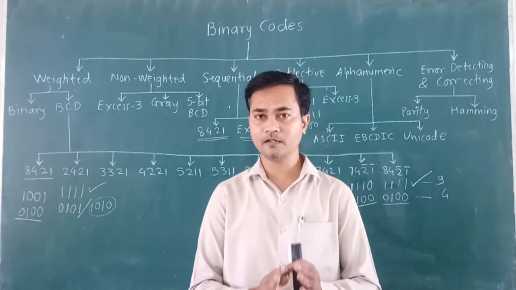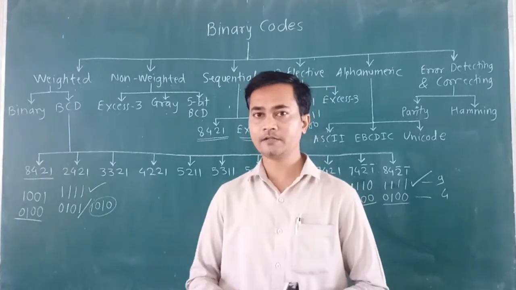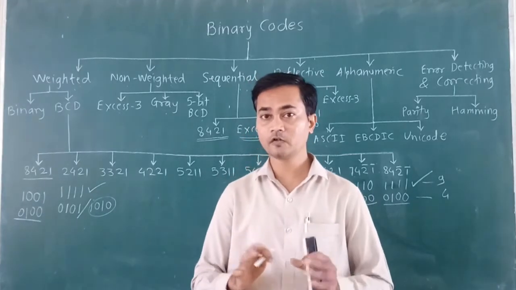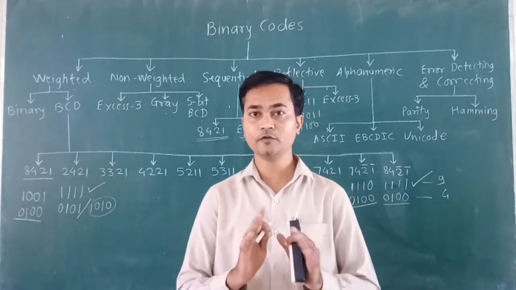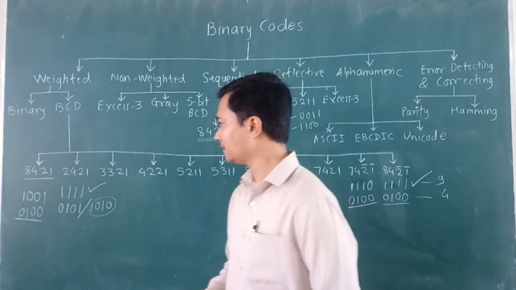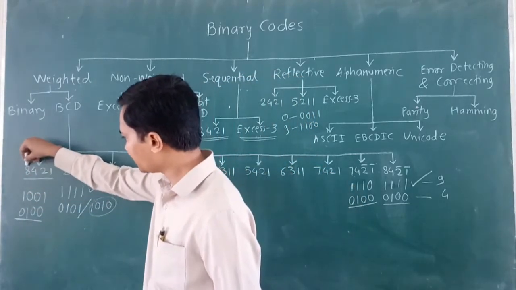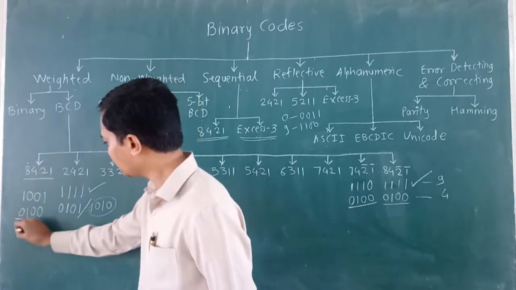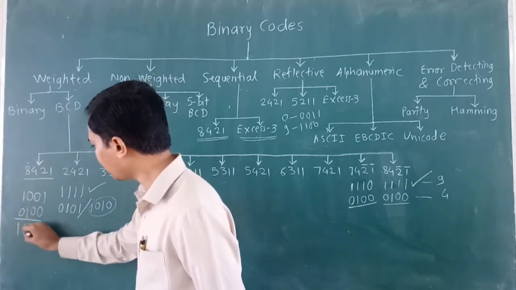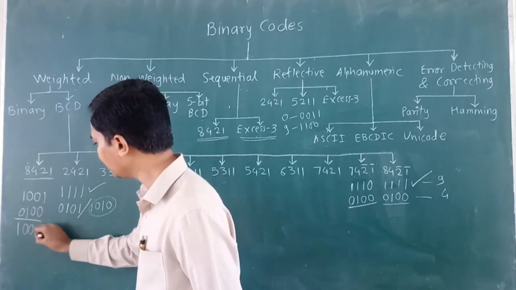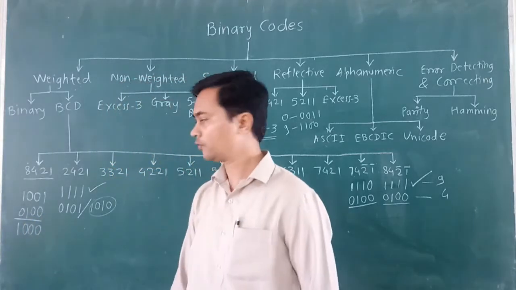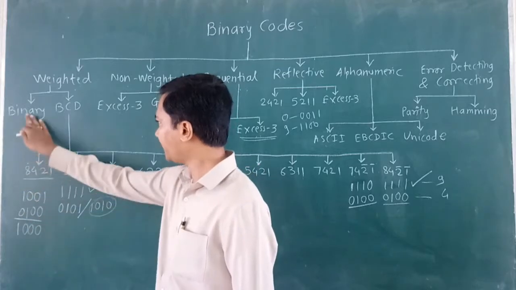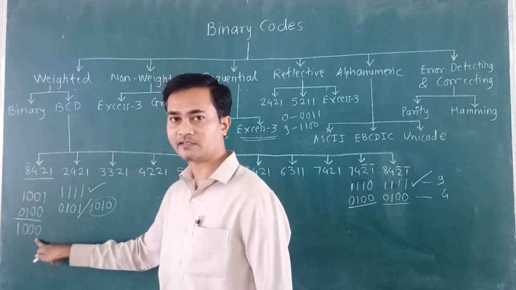So likewise you can represent any value using these binary codes. Now last example, consider I want to represent value 8. Then how can I represent it? This position must be set to 1, and all other positions can be made 0. So in 8421 code, simple binary code, you can write 1 0 0 0.